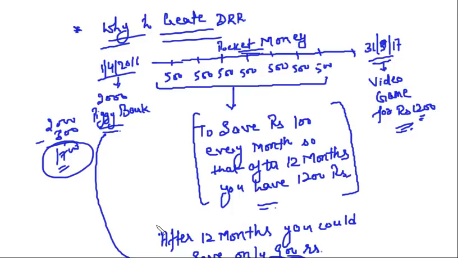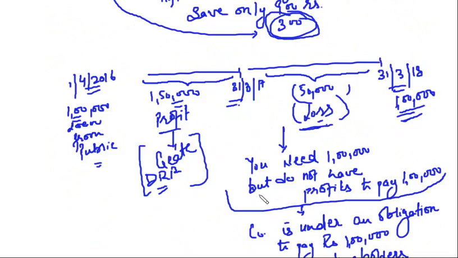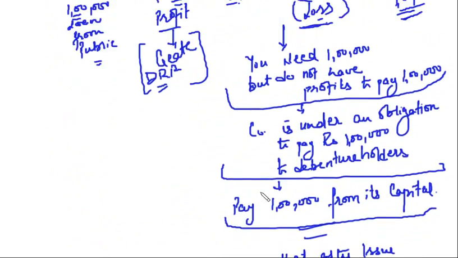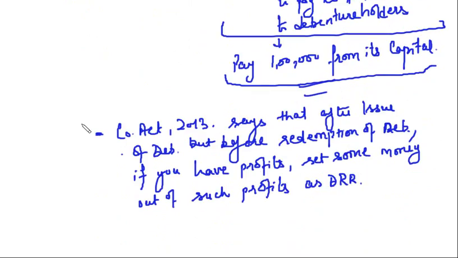Therefore, the Companies Act created this provision. They say that after issue of debentures but before redemption of debentures, if you have any profits, set some money out of such profits as a reserve, that is known as debenture redemption reserve. Clear?